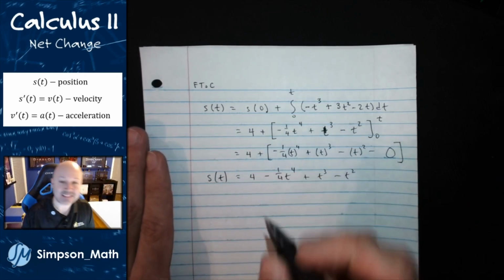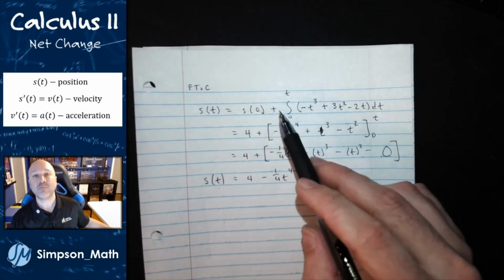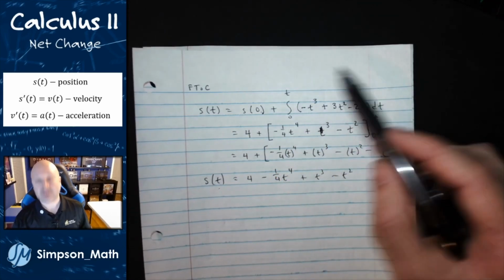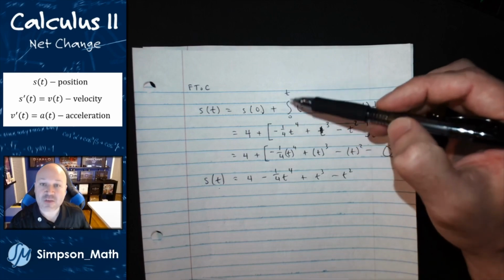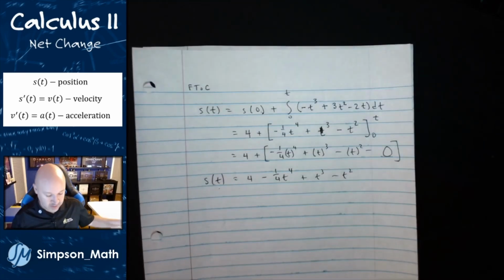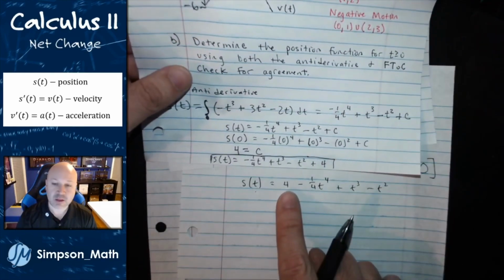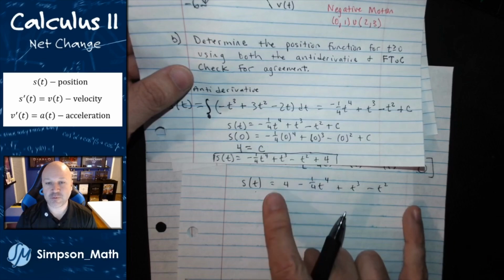That is my antiderivative, or my position function. It's just the initial value plus the antiderivative over that interval 0 to t. These should match. The only difference is I put my 4 out front. But plus 4, same thing.